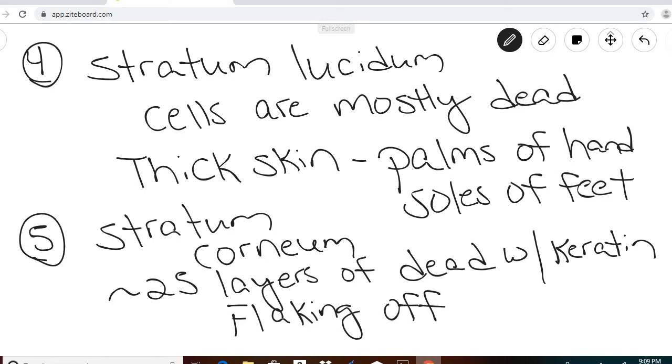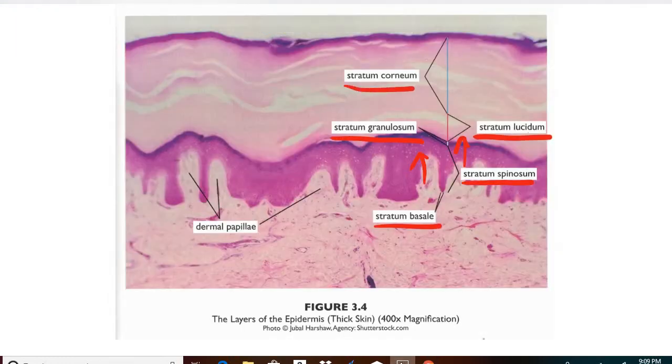So let's go back to our figure. So here's the top layer, the stratum corneum.